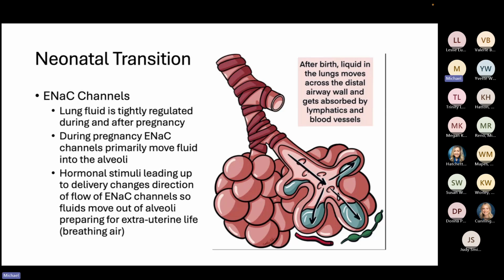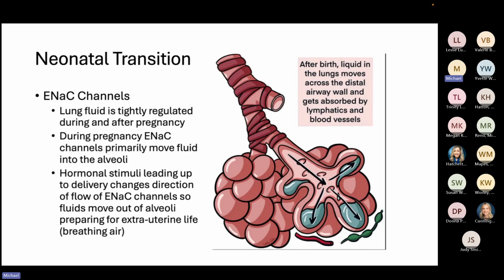But again, in the weeks leading up to birth, there's a hormonal stimulus that changes the direction of flow of ENaC channels. So instead of fluid going into the alveoli, these channels switch directions and fluid begins to move out of the alveoli.